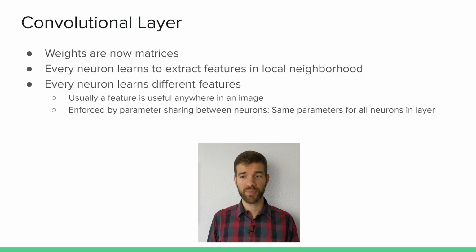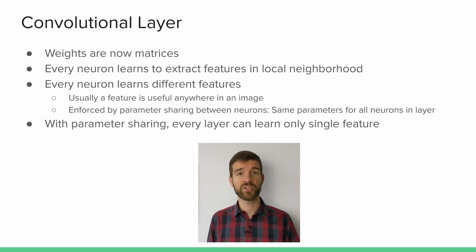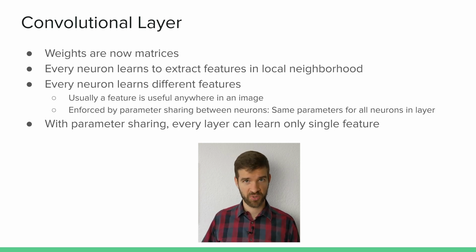So all the parameters that we use for all neurons in a single layer are the same. We fix this to only have one set of parameters for all the neurons in a single layer. That means each layer in turn can only learn a single feature. Right. But it can learn to extract that feature anywhere in the image, which is good.